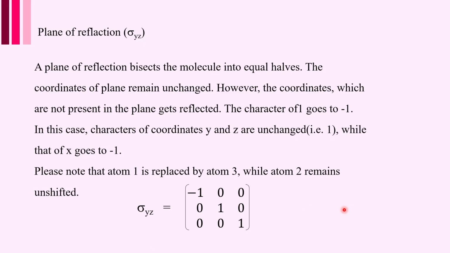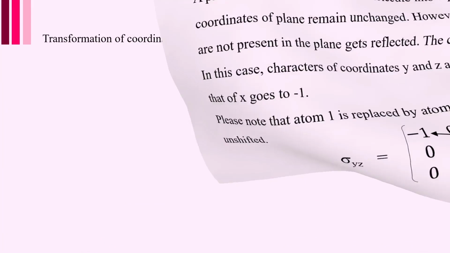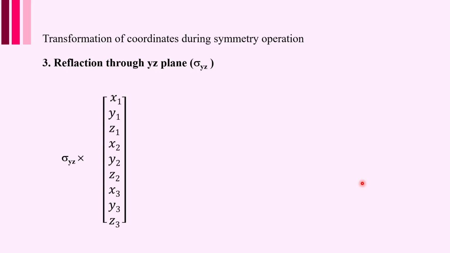So that's how only x goes to -x, and the rest of the things are as such. And you also see that when you are choosing the YZ plane, atom 1 is reflected by atom 3. Similarly, the third atom is reflected by atom 1, and atom 2, that is oxygen, is not being shifted.